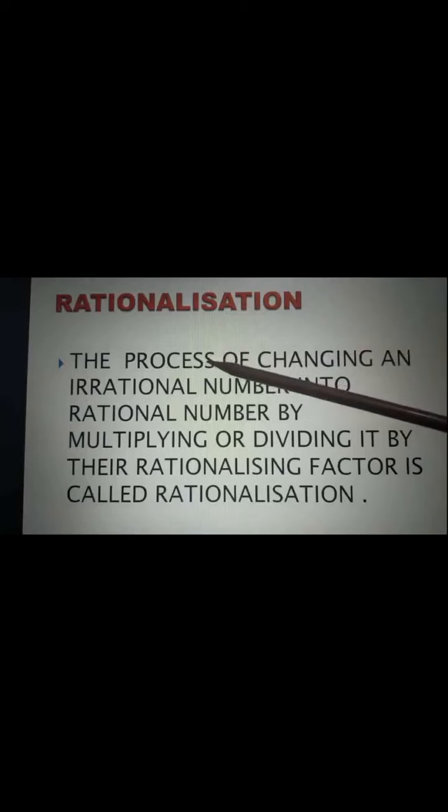Rationalization is the process of changing an irrational number into a rational number by multiplying or dividing it by its rationalizing factor. This whole process of converting an irrational number into a rational number is called rationalization.